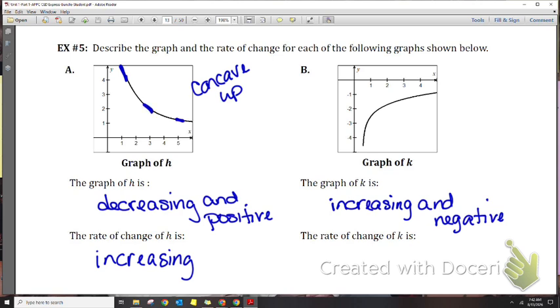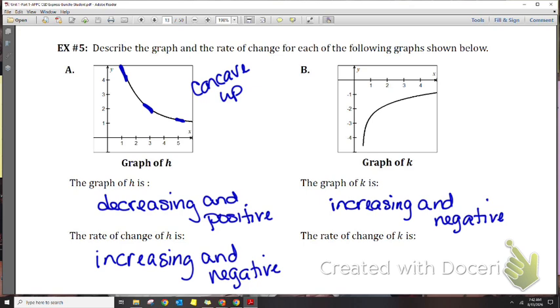Then I'm negative here. So my rate of change is increasing. I'm getting closer to the positives, but just a part of the graph we can see we never actually hit a positive. So our rate of change is still negative. So the rate of change is increasing and negative.